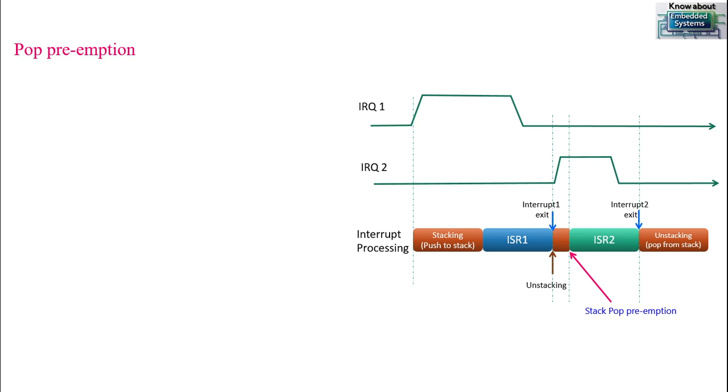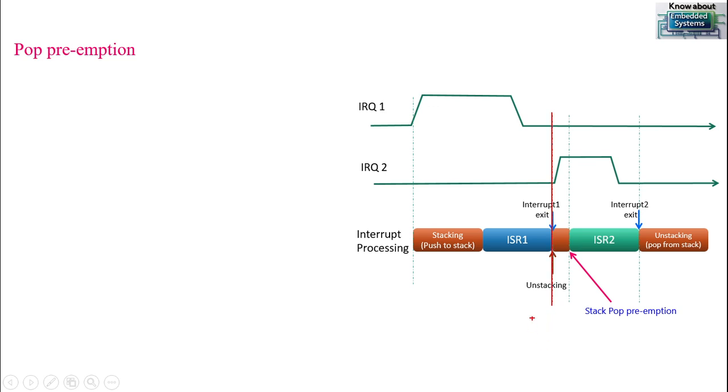And the last one, we have pop preemption. Here also we have to consider two interrupts, IRQ1 and IRQ2. So what is happening here? IRQ1 will occur and stacking will take place, and ISR1 will execute. Try to understand the logic here.